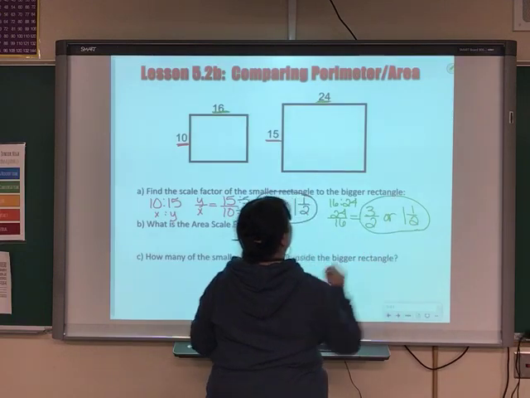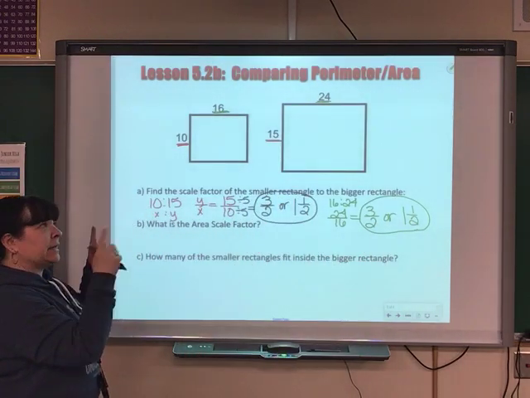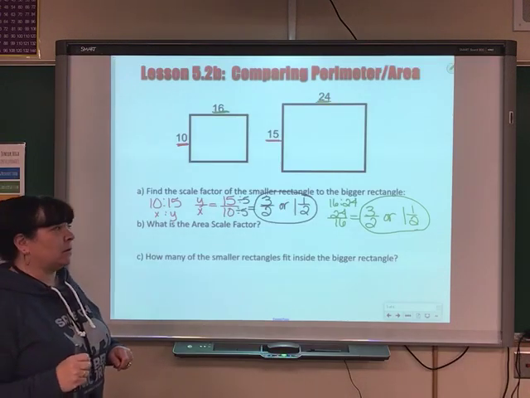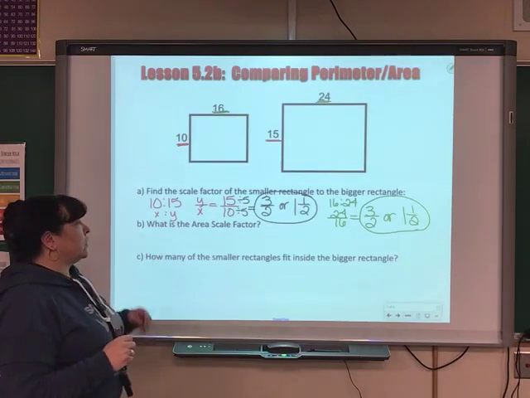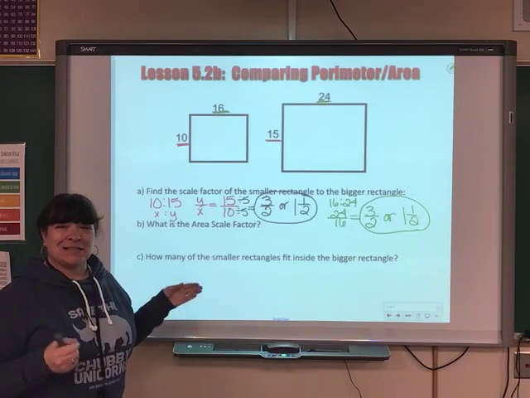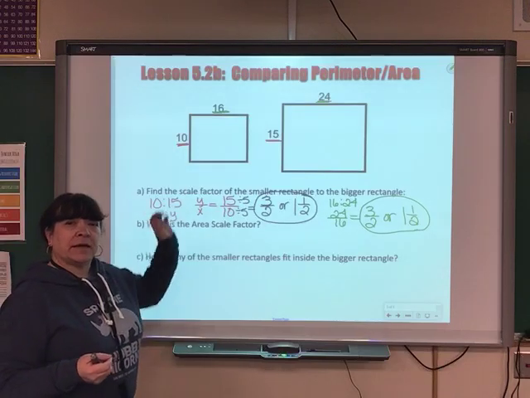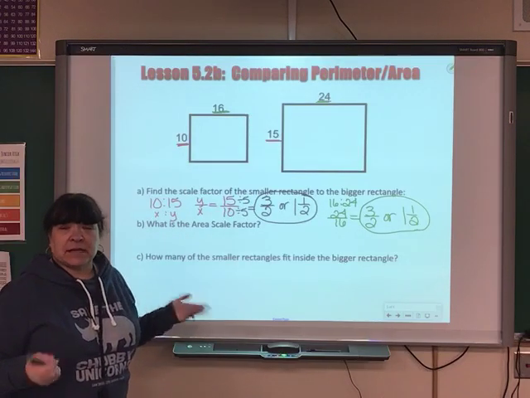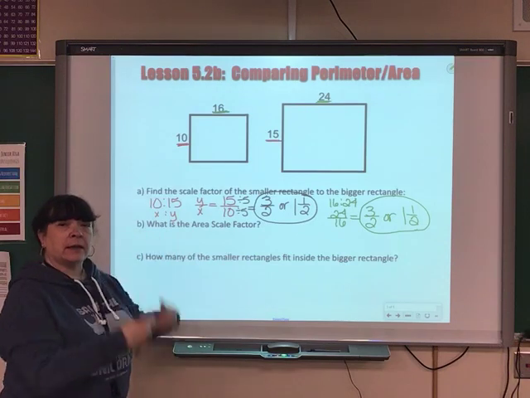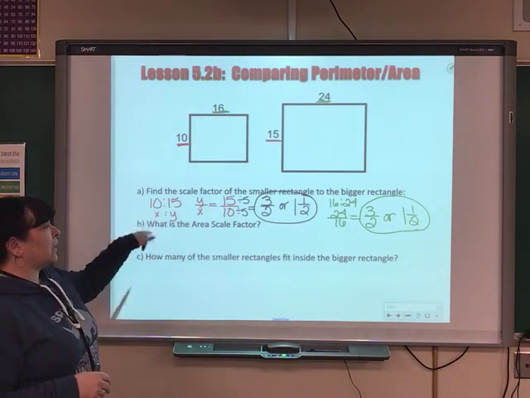So the scale factor here, going from our little rectangle to our bigger rectangle, is 1.5. You can find it regardless of what sides you use. They're corresponding. It's going to get bigger the same amount. Now, if we were to go the other way, we'd be getting smaller by the same amount.